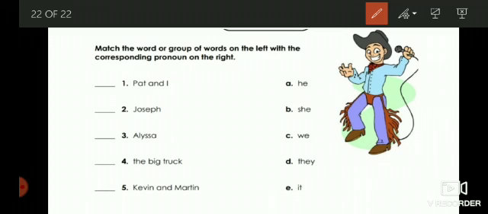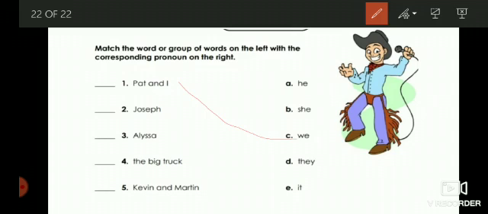For example, Ramu and Sita, Raju and Kavin, Varun and Hema. We are talking about other two persons, so you have to use they. If you include yourself, you have to use we. For example, my mother and I, my brother and I, my friend and I. That time you have to use we. Okay. Pat and I. What is the answer? Yeah, we. Because if you include yourself, you have to use we.